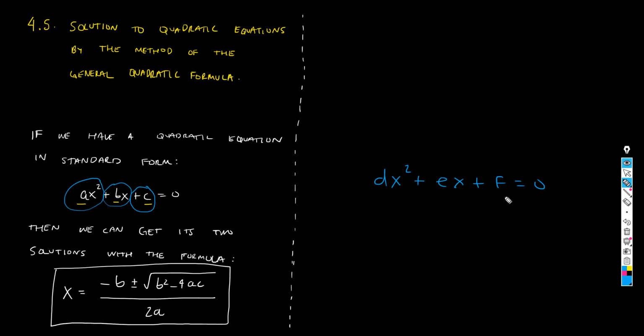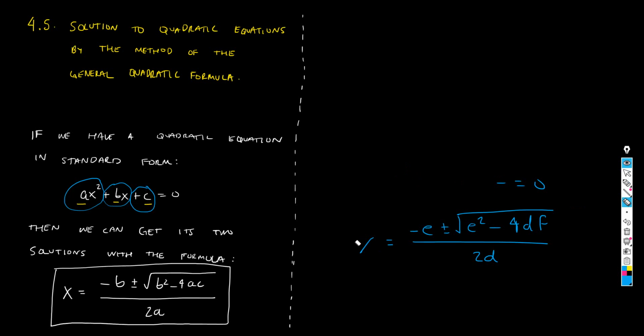And if I have this, then the respective changes would be this: x equals minus e plus or minus the square root of e squared minus 4 times d times f, all over 2d. It would be exactly the same. So don't get married to the idea that it always has to be a, b, and c. It can be any variable, any symbol representing those coefficients.